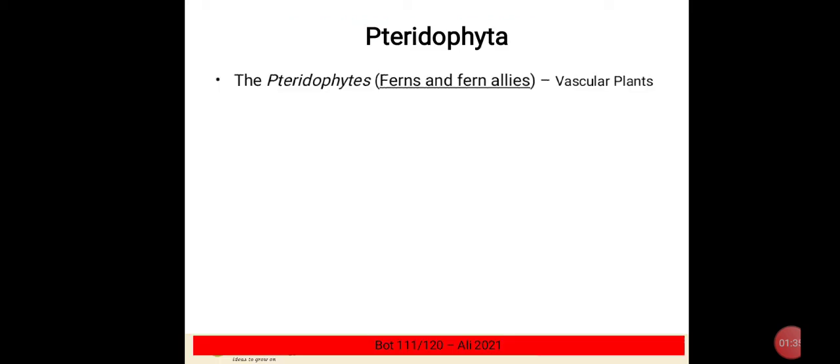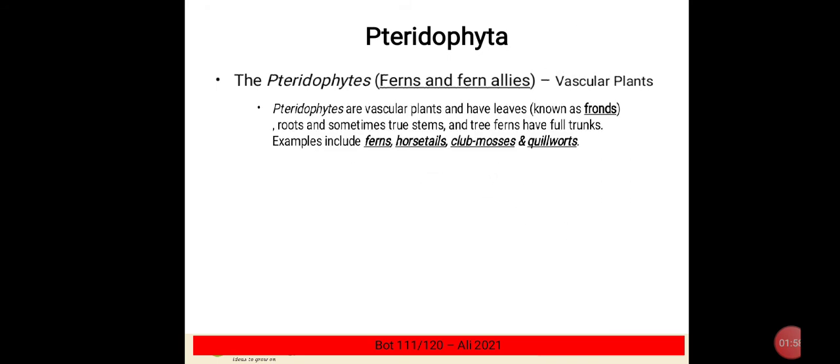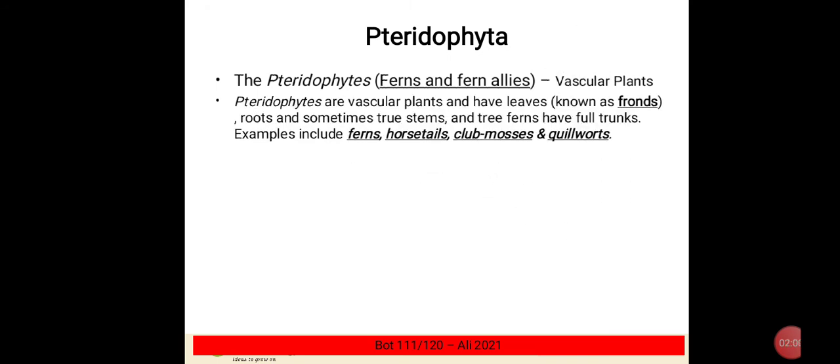Now, let's start with the division pteridophyta. Division pteridophyta are non-seed plants such as ferns, horsetails, quillworts, and club mosses. Therefore, they are vascular plants because they possess the vascular bundles such as the phloem and the xylem. Now, these pteridophytes have leaves, as I have said earlier.